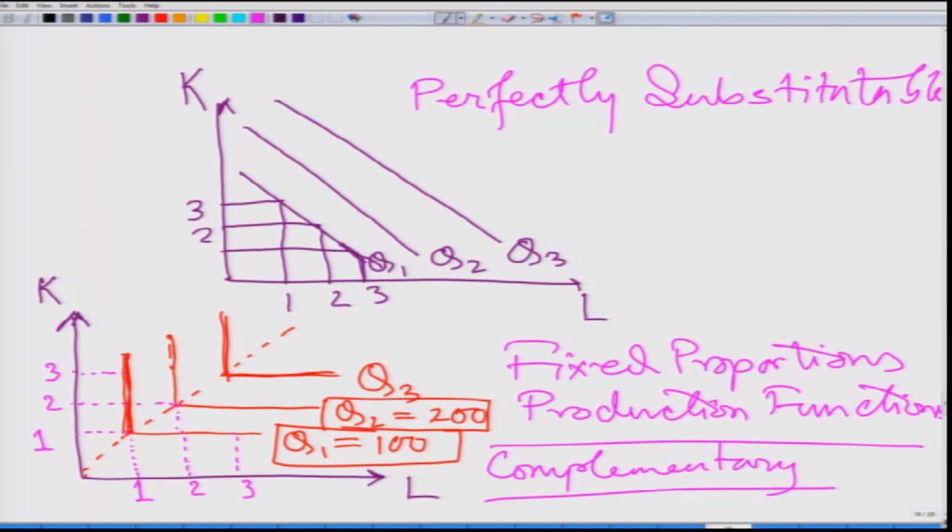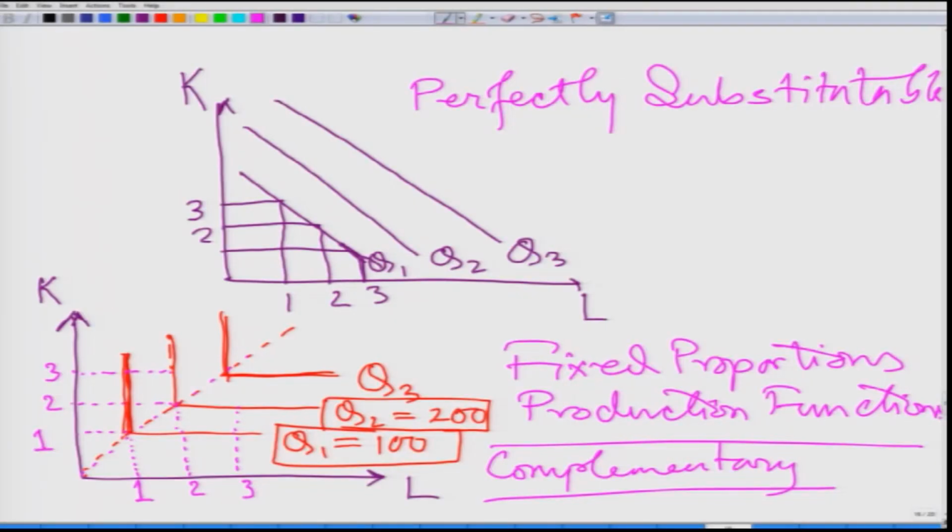So I must require at least 2 labor and 2 capital for these 200 X-ray sheets. Similarly, if I have 3 laborers but 2 machines, only 2 machines can be operated, so I can manufacture only 200.